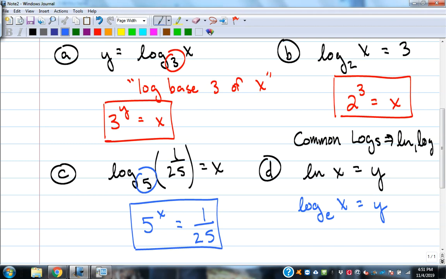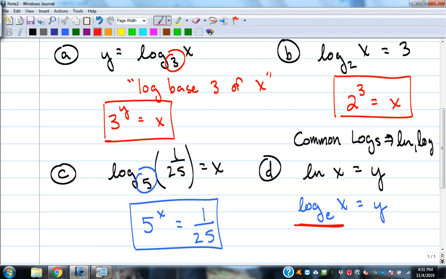It's not really that much shorter, but since e had its own special notation, then the logarithm that's the inverse of that needs its own special notation. So that's why the natural log is used. Anytime you see natural log, your brain needs to think, oh, that's log base e.